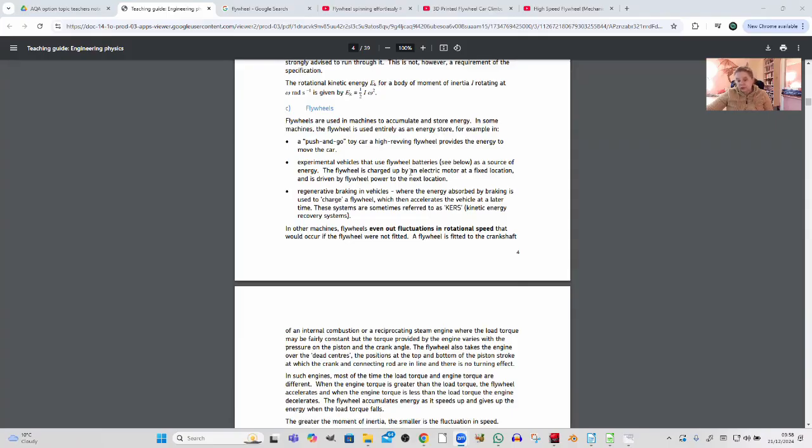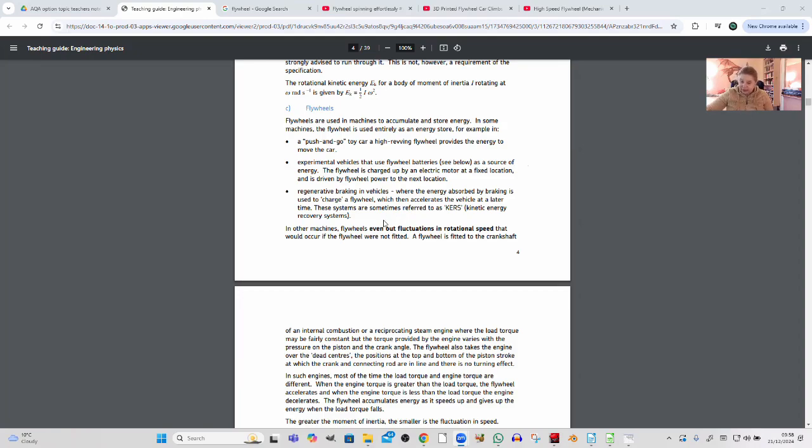So the flywheel is charged up by an electric motor at a fixed location, and then you can drive the car until the flywheel doesn't go around anymore, to the next location. Well, I don't think there are very many of these cars anywhere, but it's certainly a thought, and it would work up to a point. You just need lots of locations to spin up your flywheel again.